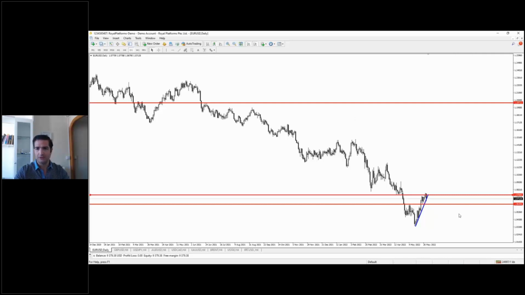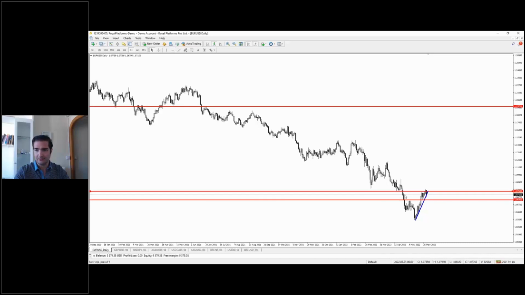So on the daily time frame, you can see that the market is trying to reverse. If we link this here, this trend line is broken, so the market structure is broken with a big bullish candlestick here, and it even closed above the 1.0640 level, this one here, the resistance.